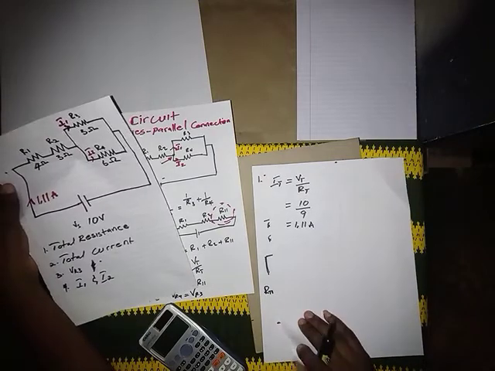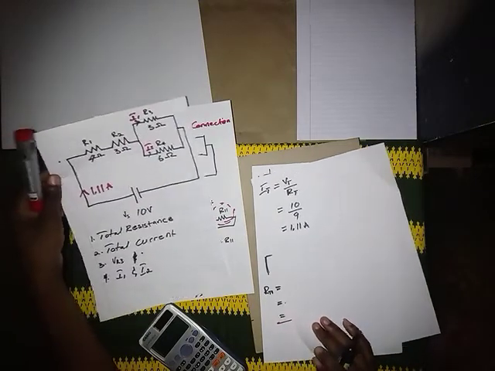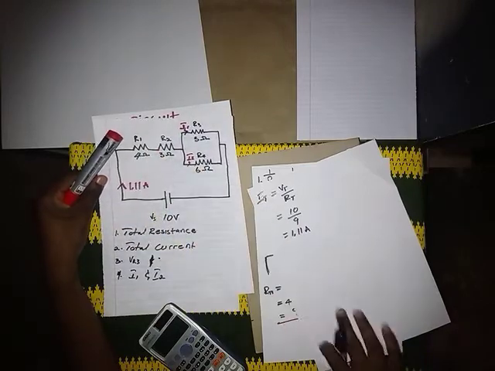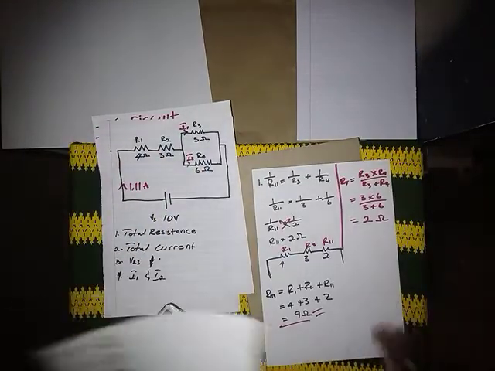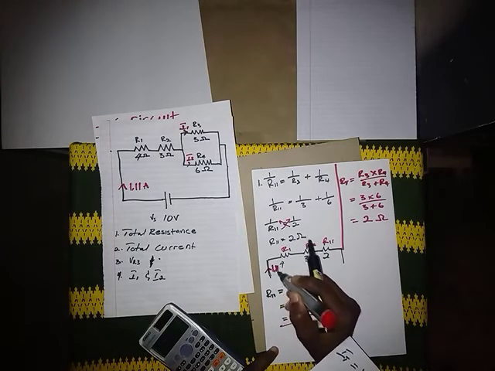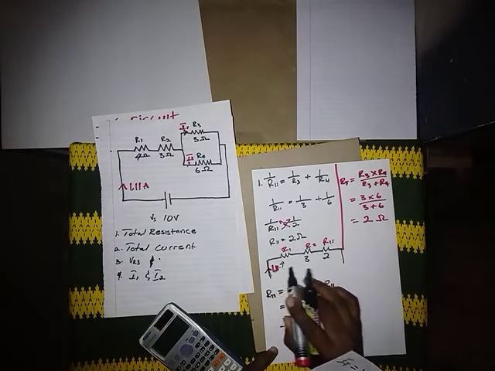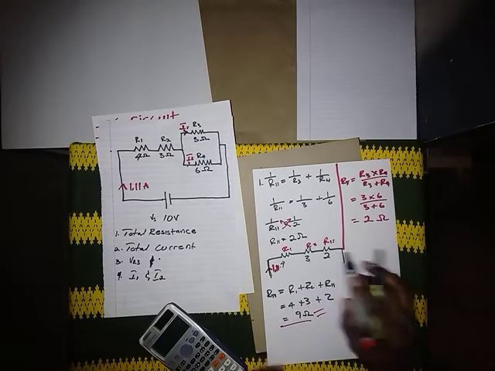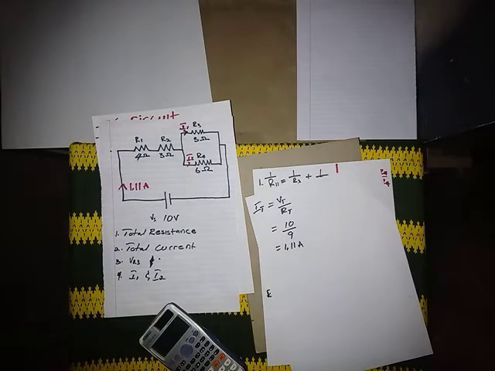It's going to give us the same answer, but I'm going to show you how to prove it. The current that is passing through here, 1.11, is the same that is passing through R1, R2, and R parallel.